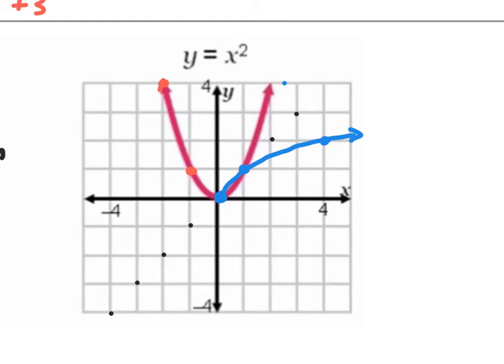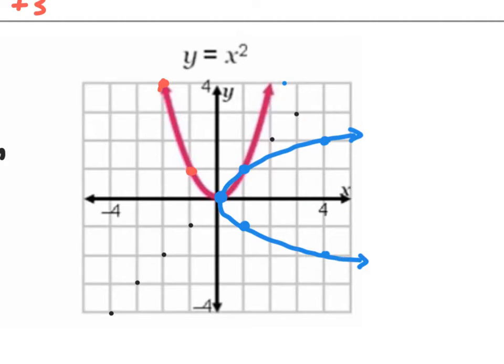So (-1, 1) is going to be the point (1, -1) on the inverse, and the point (-2, 4) is going to be the point (4, -2). All right, so it's going to go this way. So here's my inverse. But what I notice is that this isn't a function.